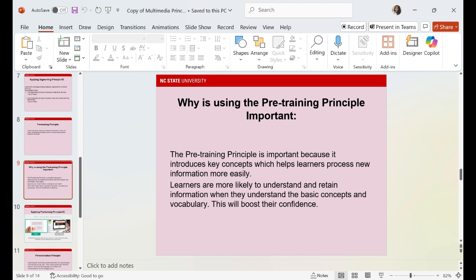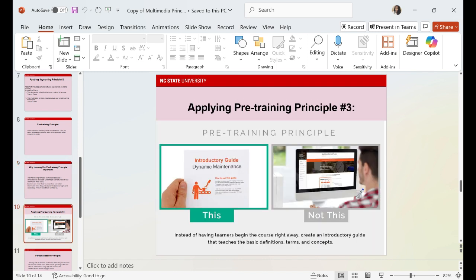If I feel confident about what I know, then I'm going to feel confident that I'm learning something and that I can learn it. It will not overwhelm me. So, applying the pre-training principle, I took a screenshot. What this shows, on my left, is an introductory guide on dynamic maintenance.